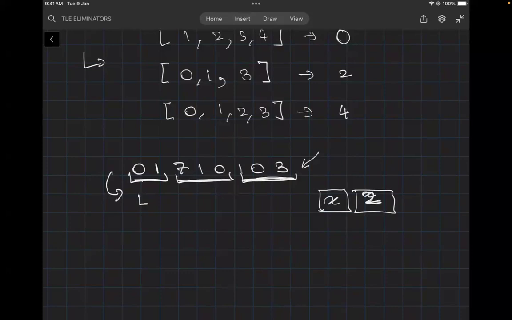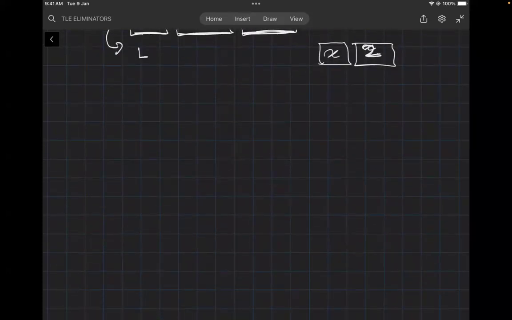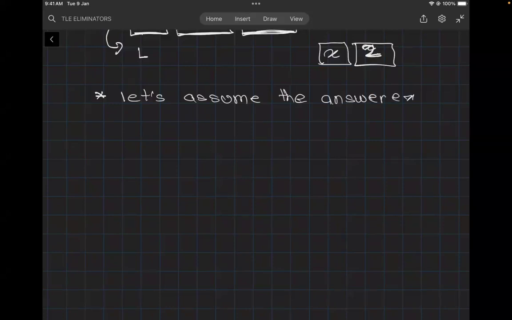Let me write it down for you. We'll try to break down what I said. Let's assume the answer exists, and the max for each subarray or each block is x.